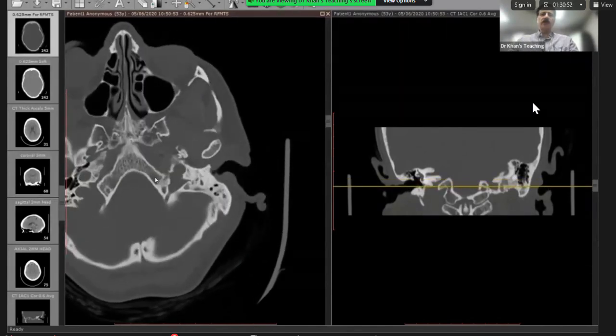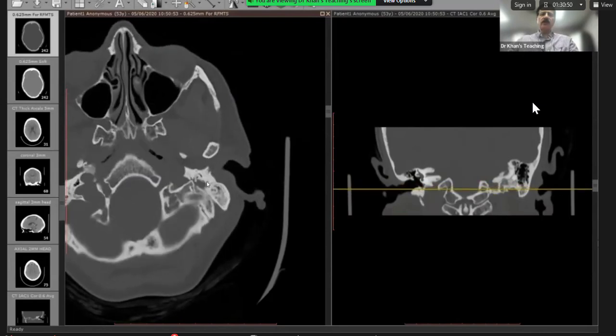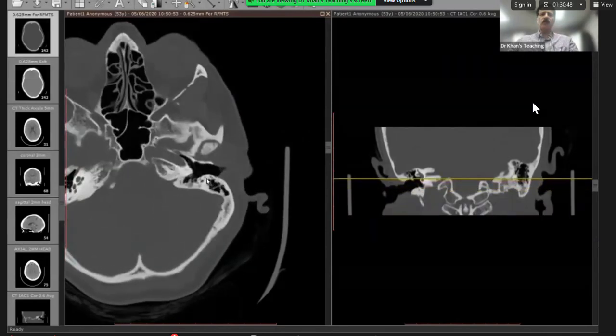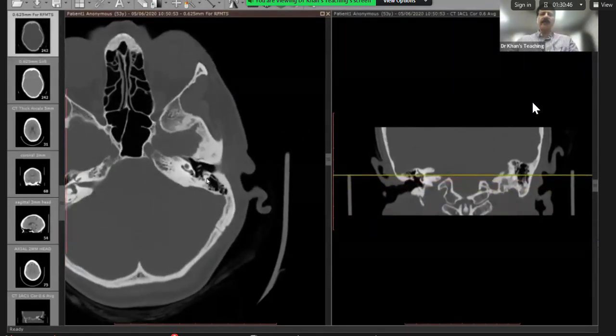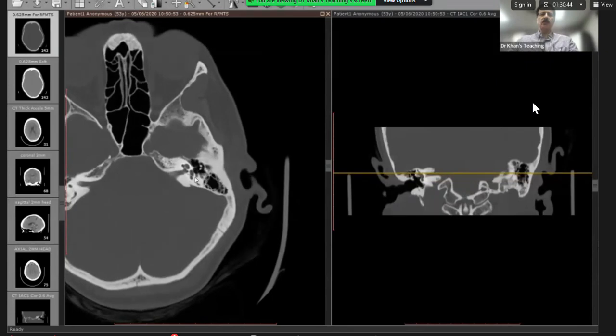If you see here, when you are seeing the temporal bone, my landmark was the cochlea. So this is the cochlea. But let's have a more global view now.